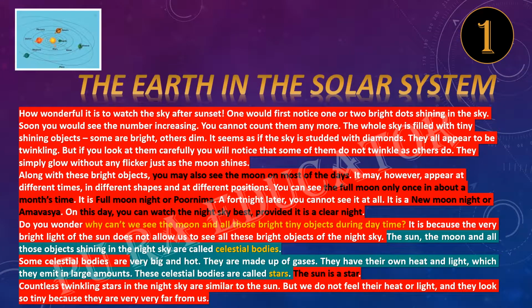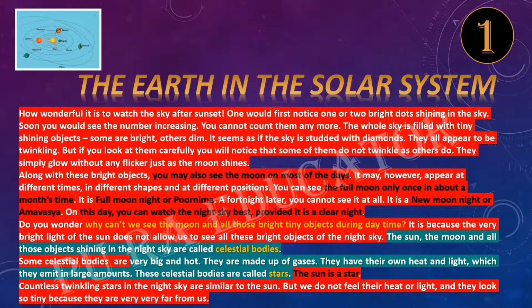Friends, our first chapter, the Earth in our solar system. In this, the first page, we will be wondering at or seeing the sky in the night time. We will see there are some objects which are bright, which are shining in the night, and some are dim. You will be stunned by seeing the objects.